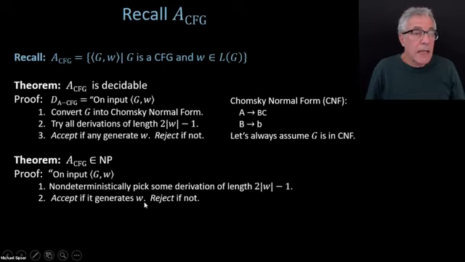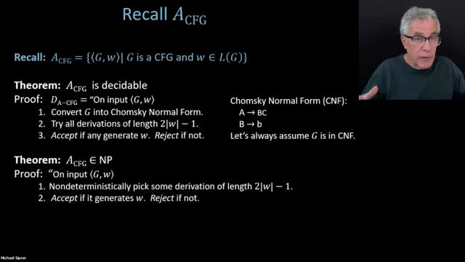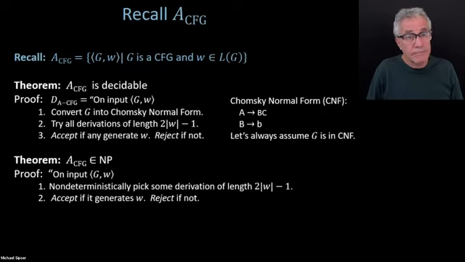This classically fits our model of NP. You can think of it as guessing the derivation and checking that it works, or in parallel writing down all possible derivations. But this ACFG problem is classically a problem in NP. And what's going to be the certificate?